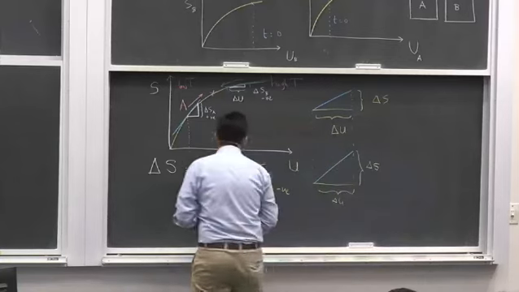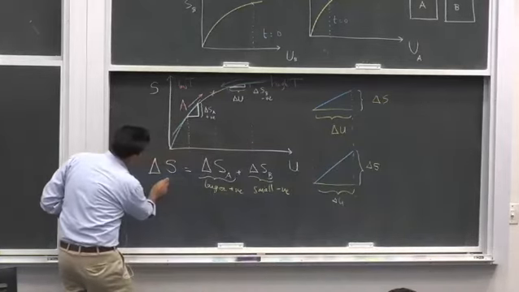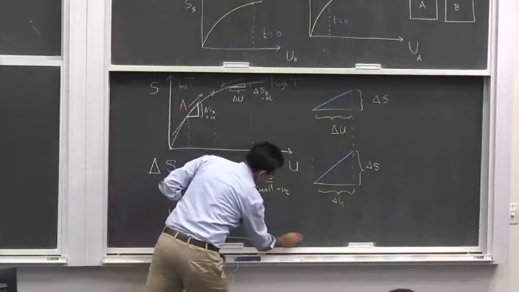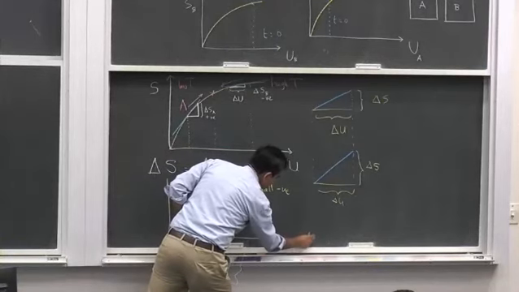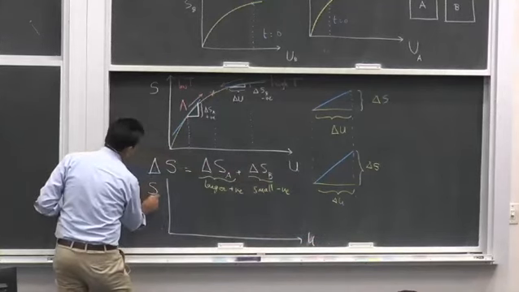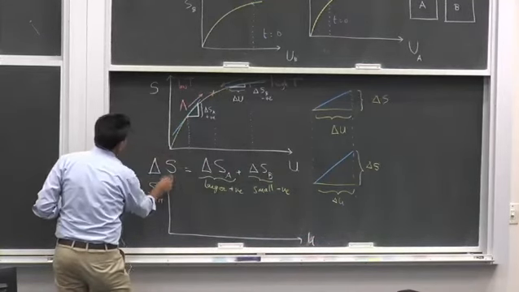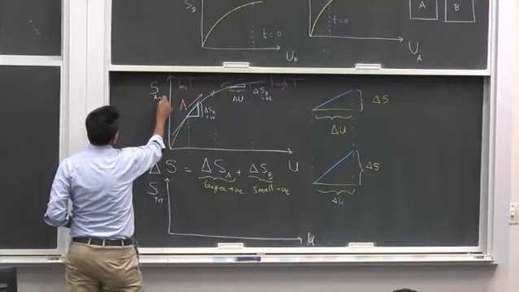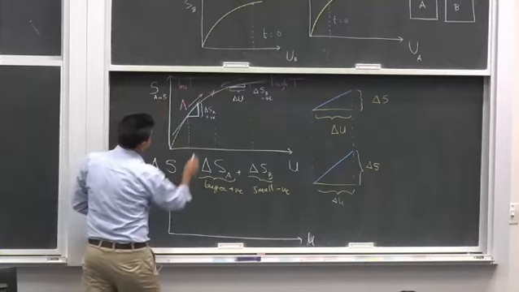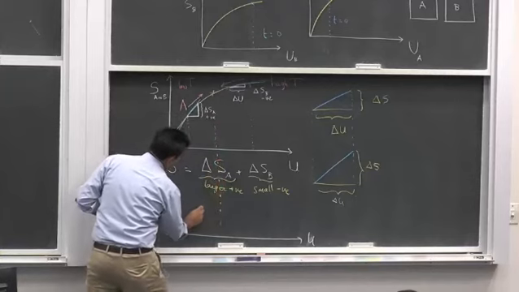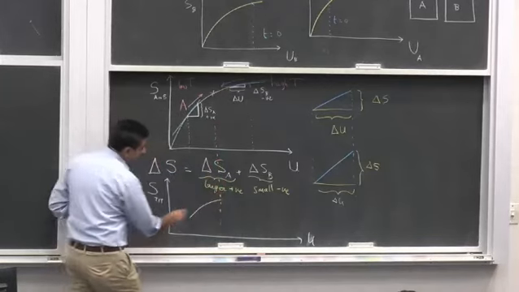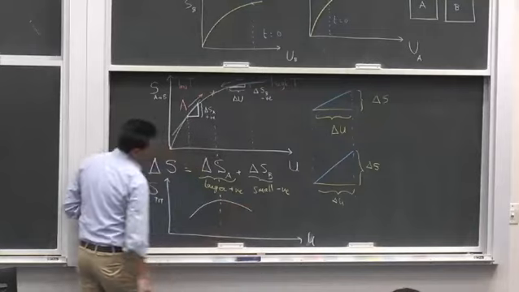So if I plot the total entropy of the system, so this is my U, this is my total entropy of the system, this is the entropy of A or B. At a particular point, the total entropy of the system is going to be maximum, and then it's going to drop again.